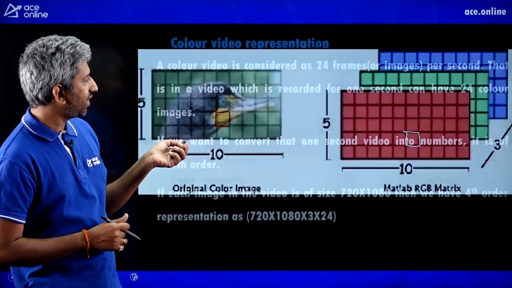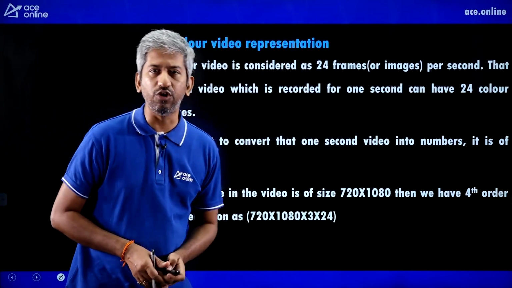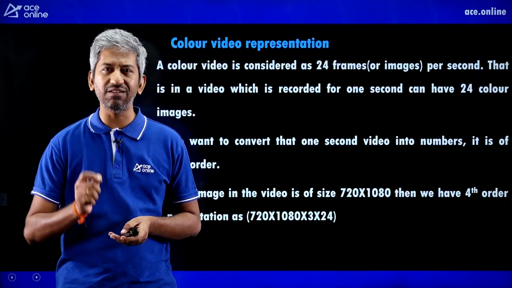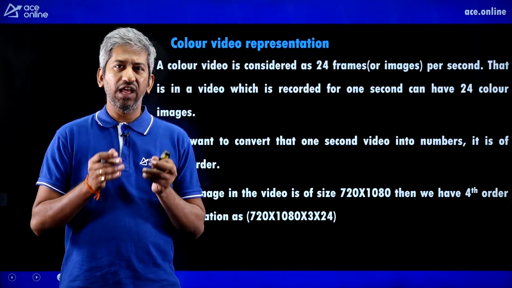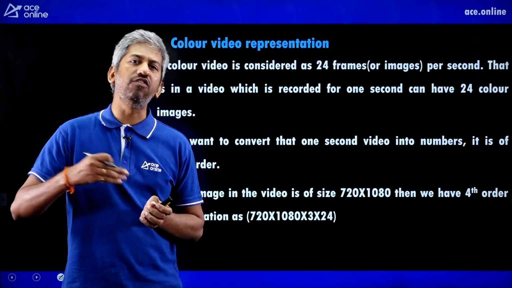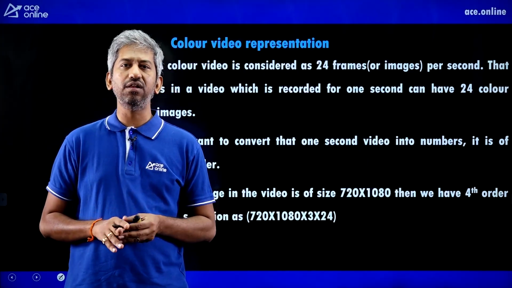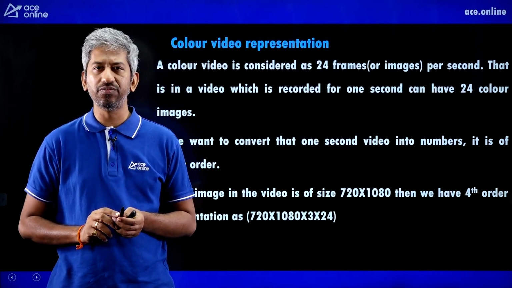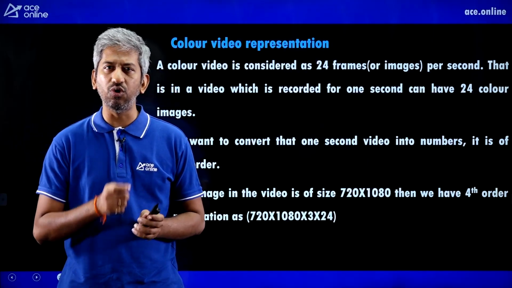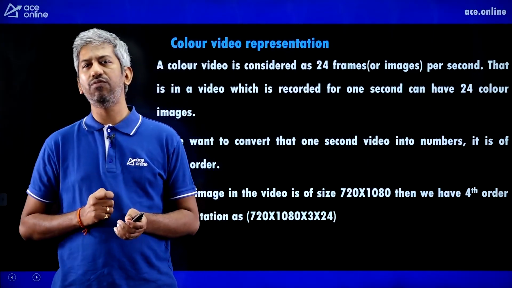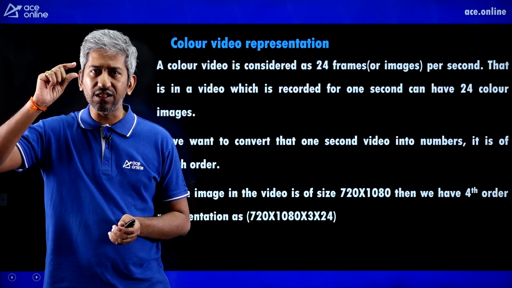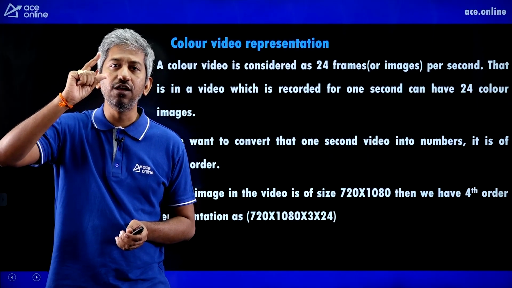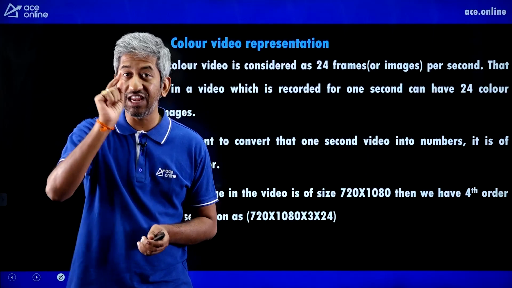So if I have a color video, what is a color video? Color video is nothing but a combination of color images. For example, using my mobile phone I want to record a 1 second video. To record it, the shutter in the camera will open and close 24 times in 1 second.